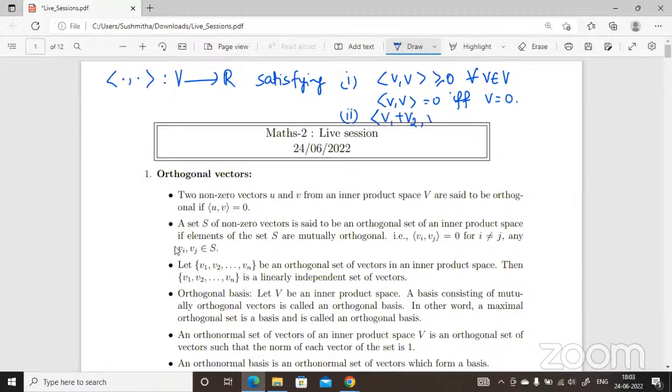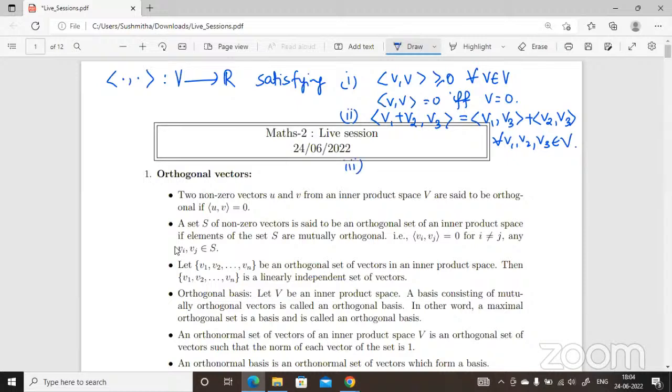When we take the inner product of v1 plus v2 with v3, that should be equal to inner product v1 v3 plus v2 v3. This is for all v1, v2, v3 in the vector space.